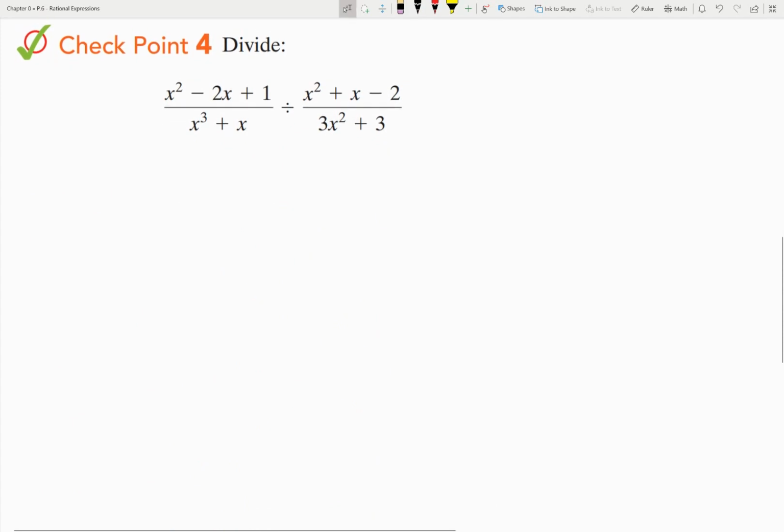Let's try it again. Factor, multiply by the reciprocal of the second term. So we got x minus 1 squared, that is a perfect square trinomial.